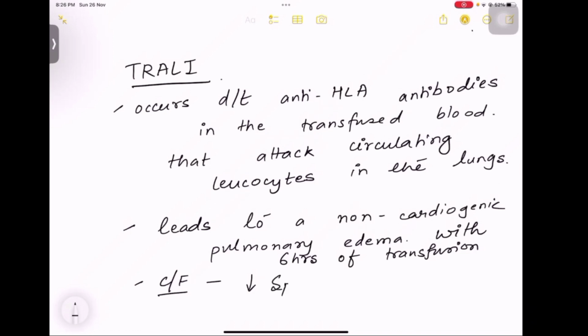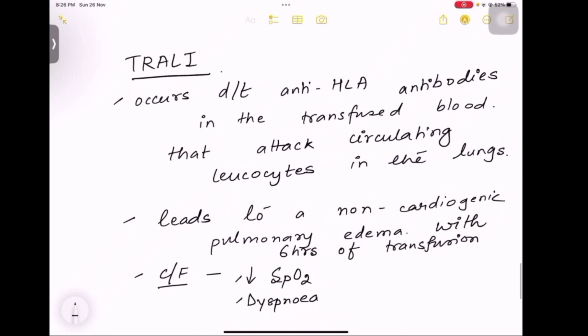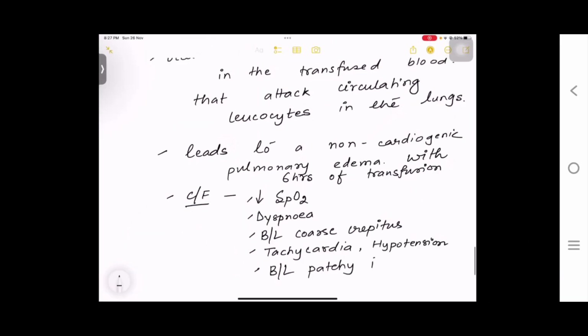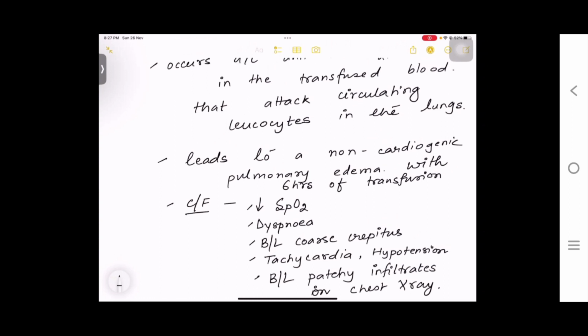Within 6 hours of transfusion, there is non-cardiogenic pulmonary edema. The chief complaints of such patients is decreased SpO2, dyspnea, bilateral coarse crepitus, tachycardia, hypotension, bilateral patchy infiltrates that is seen in the chest X-ray. So all the problems that are related with the lungs will be seen in such patients.